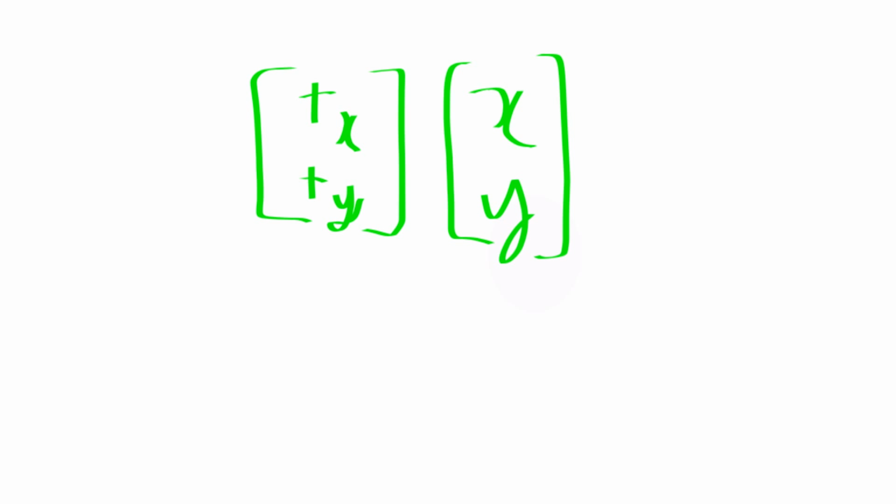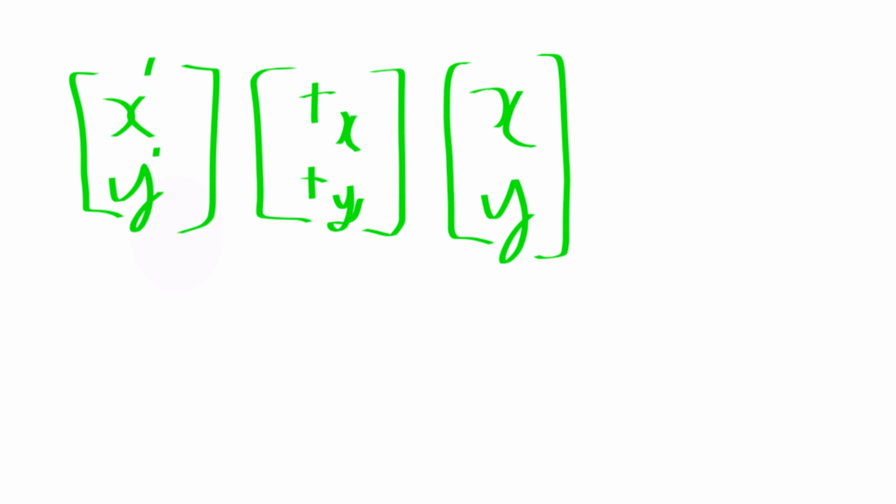So the two-dimensional translation matrix is tx, ty. This is going to be the translation matrix, and we're going to pass in the x and y, and we get the x dash and the y dash, which is going to be the new translated point.